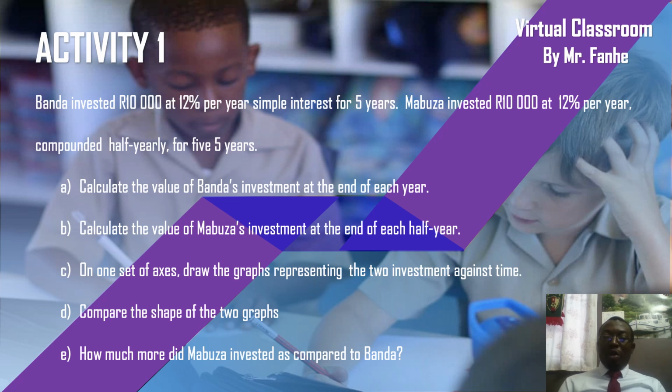So we are going to calculate the total investment for Banda and the total investment for Mabuza at the end of every year, and we are going to plot the total investment on the same set of graph axes. We are going to compare the two investments, and at the end say by how much Mabuza's investment is greater than Banda's investment. So that is it.